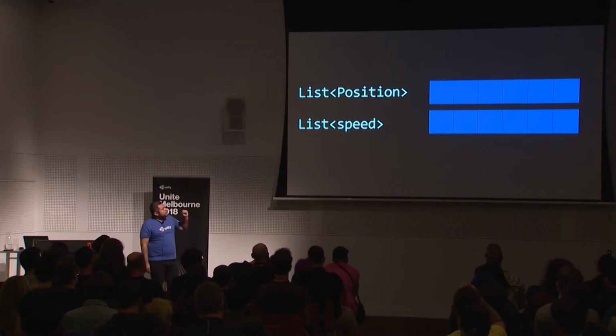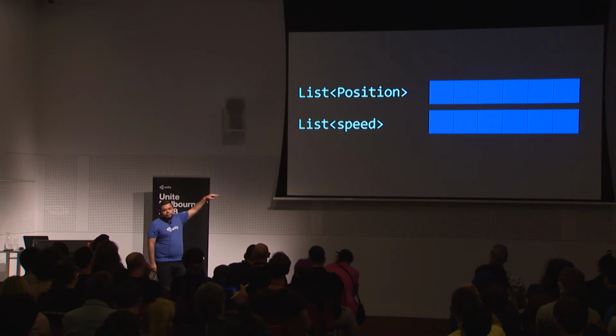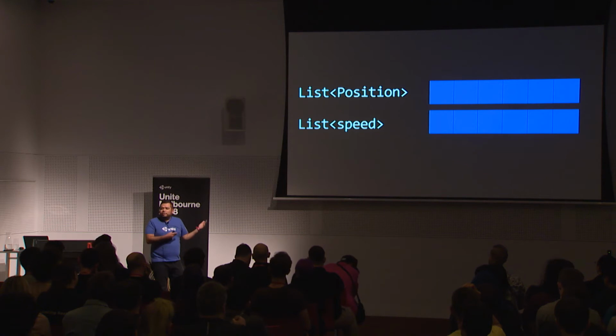That's basically how we're planning on fixing this. So imagine we have a list of positions and a list of speeds. The first one is going to be a Vector3. The second one is going to be a float, right? These two things don't resemble an object, right? If I see these two lists, it's like, okay, I have two lists, but what are they?